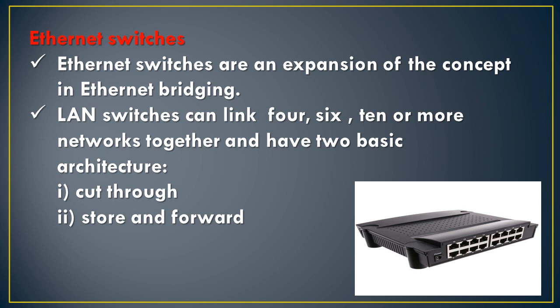What about store and forward? Store and forward is a data communication technique in which a message transmitted from a source node is stored at an intermediary device before being forwarded to the destination node.